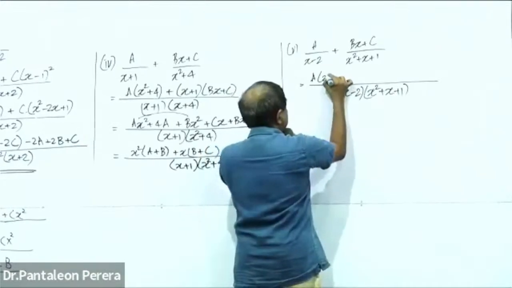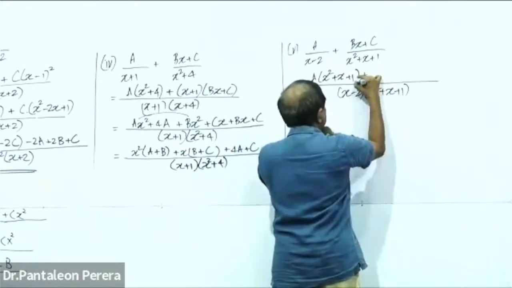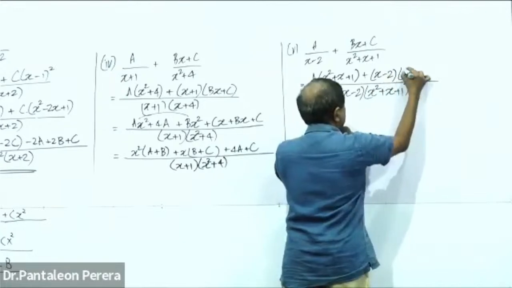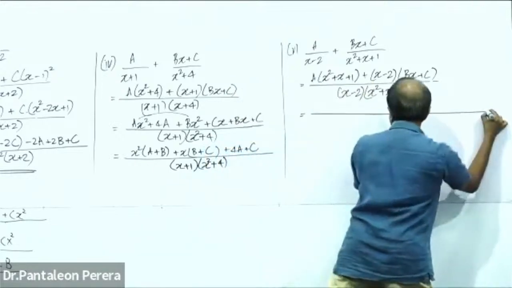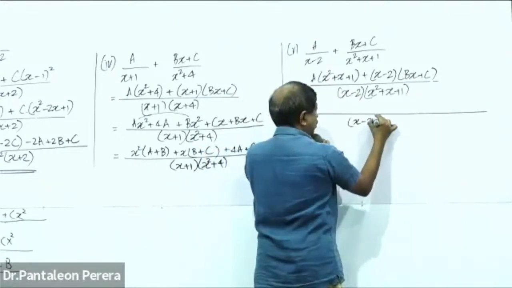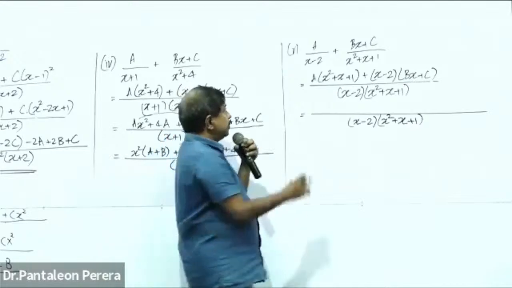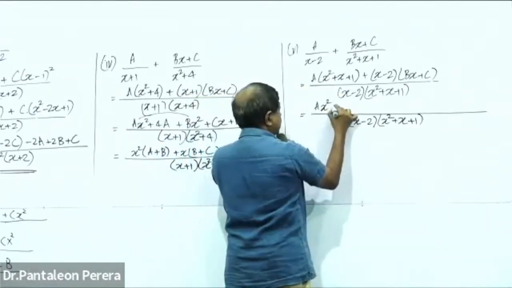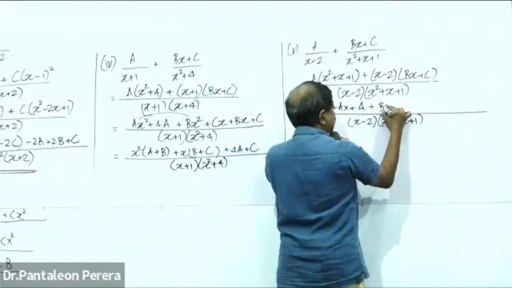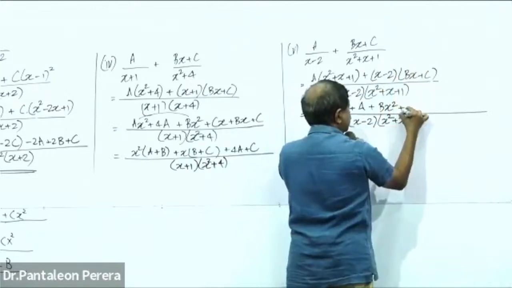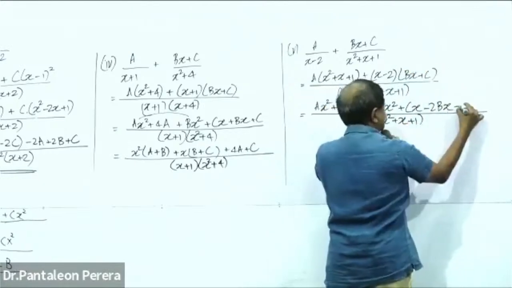So a times this plus the other term, right. Now we'll expand. You can multiply everything by a. Then you have bx squared plus cx minus 2bx minus 2c.